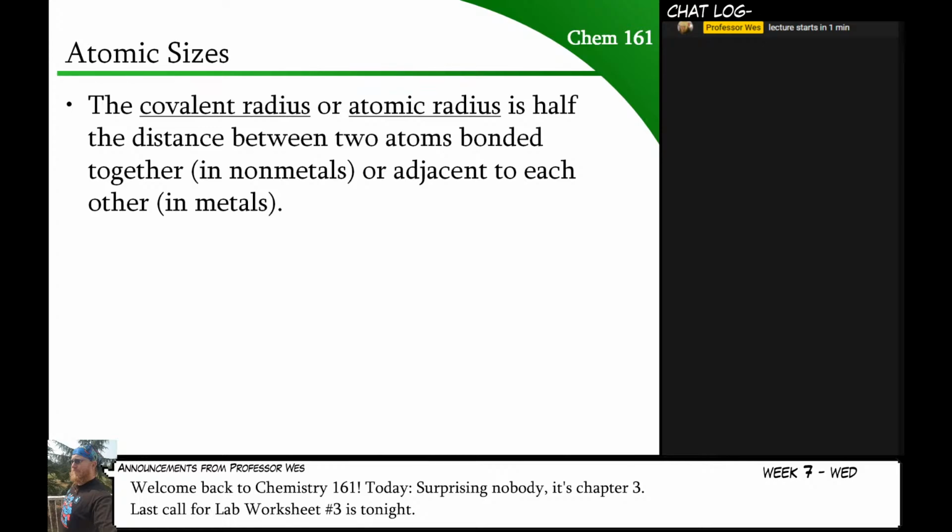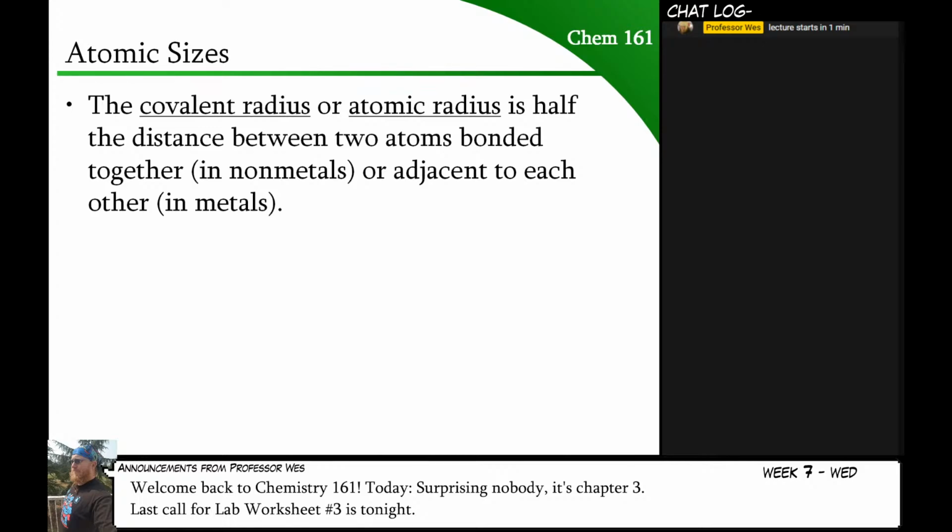So let's talk about what Z effective is and see how it governs some various trends that we observe here. The first thing we're going to define is how big atoms are. Most of the time, matter is bonded to other atoms, and so it becomes really difficult or even not useful to find the radius of an atom.